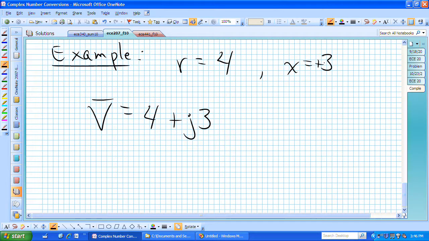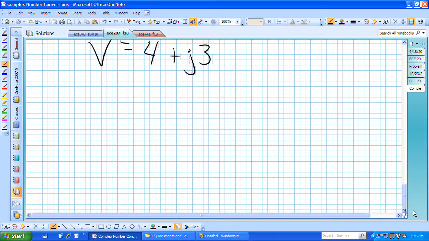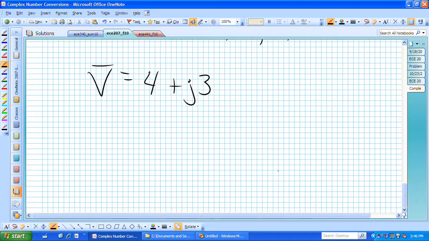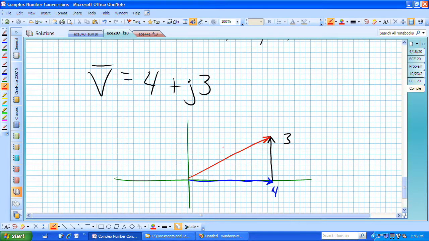The real part is going to the right or to the left, being positive or negative respectively, and the imaginary part is going positive or negative, up or down respectively. If you're given this complex number, think of it as a vector in this two-dimensional space. You move 4 horizontally, that's the real part. Then you move 3 vertically, that's the imaginary part. And we are left with this 3, 4, 5 triangle.